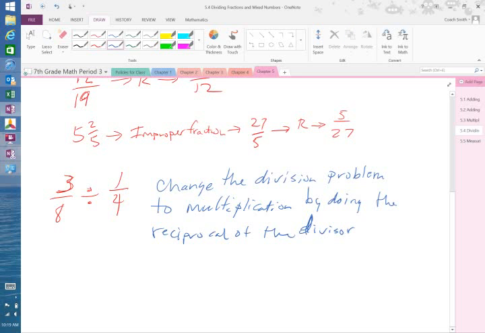We change the division problem to a multiplication problem by doing the reciprocal of the divisor. Now, remember that when we're talking about any kind of division problem, it's dividend, division sign, divisor.